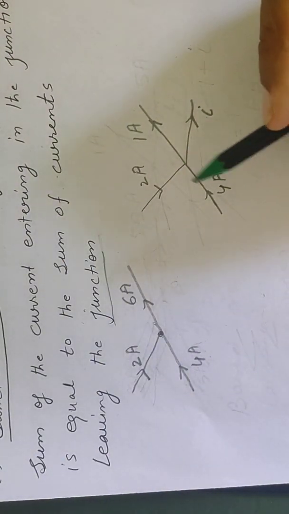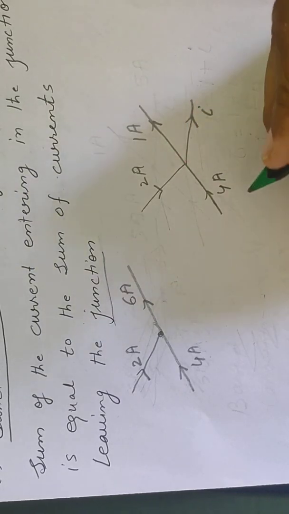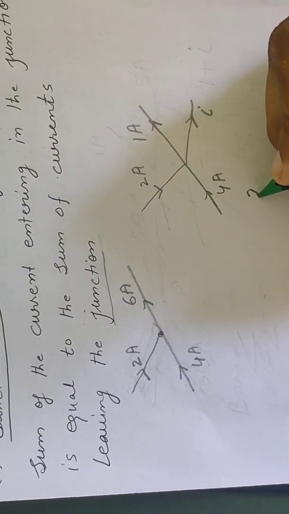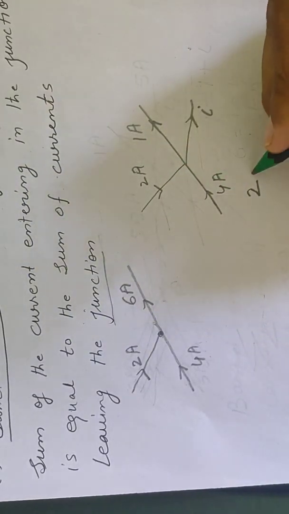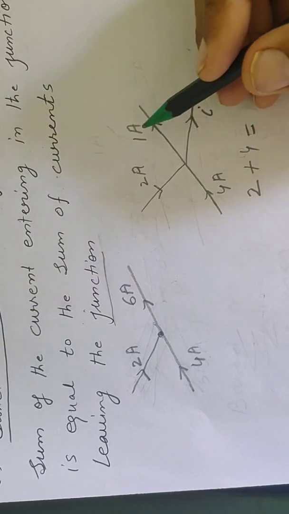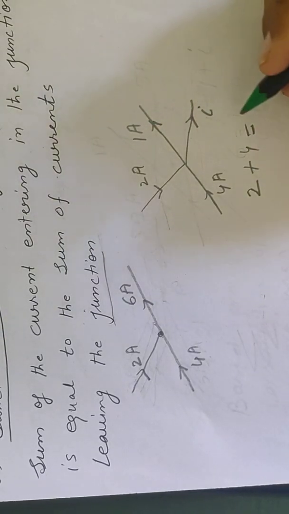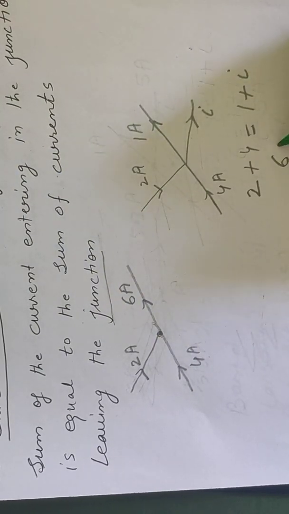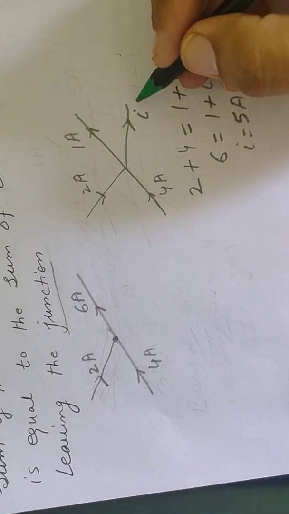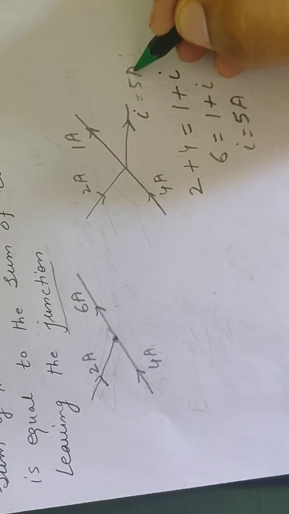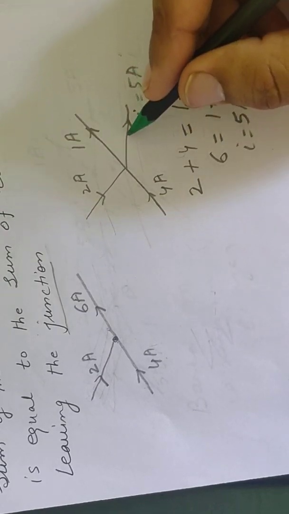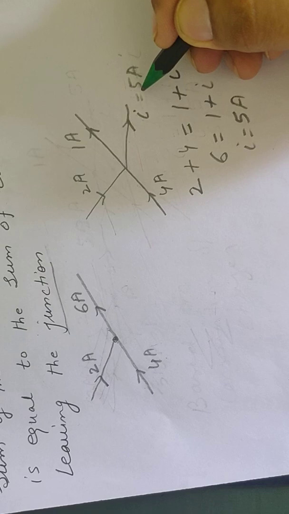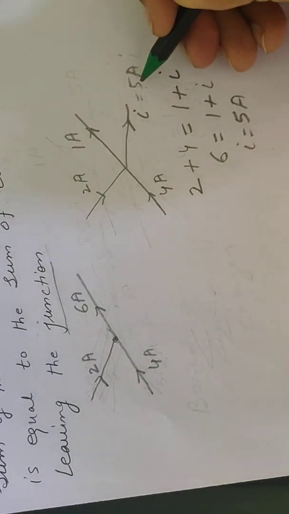We know that the sum of current entering the junction, 2 ampere plus 4 ampere, is equal to the sum of current leaving the junction, 1 ampere plus I. So we get I is equal to 5 ampere. So 5 ampere current will come out from this side. So this is the junction rule.